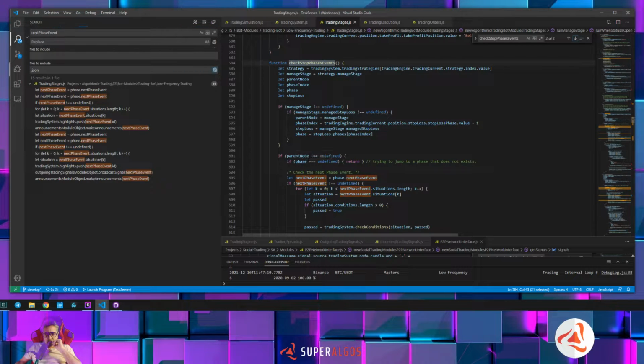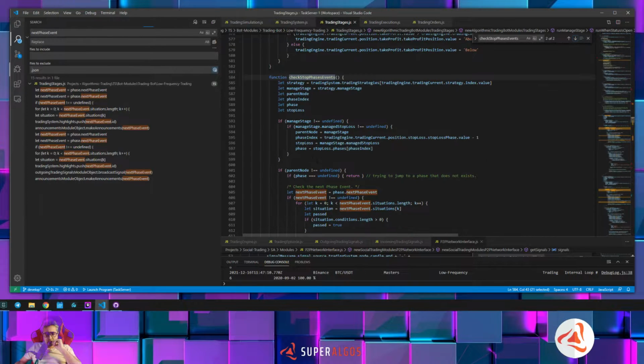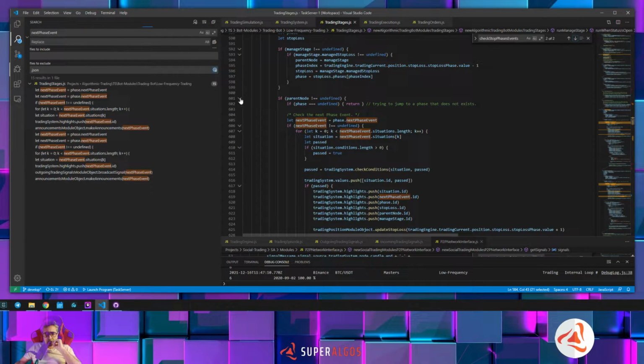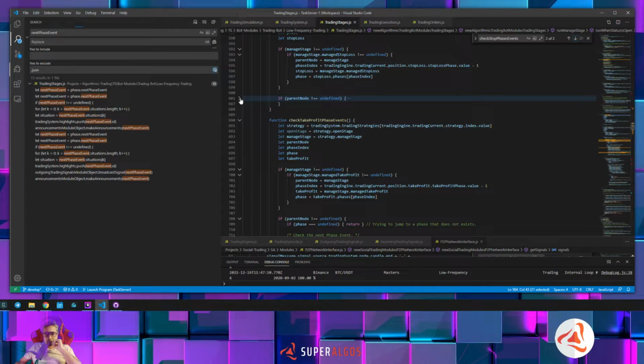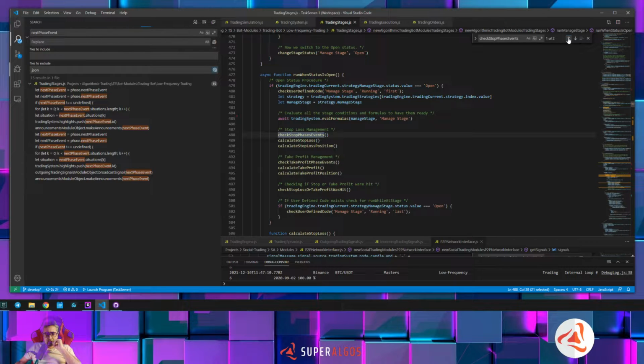I'm trying to see what is going on here. Manage stage phases. So there is one branch that is for check stop phases and then check take profit. Okay.